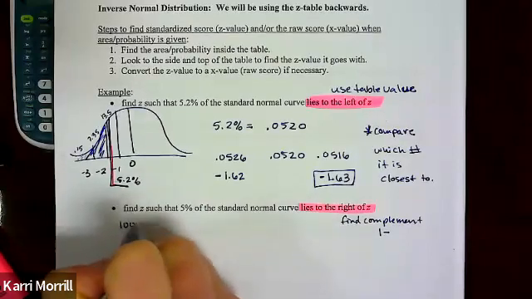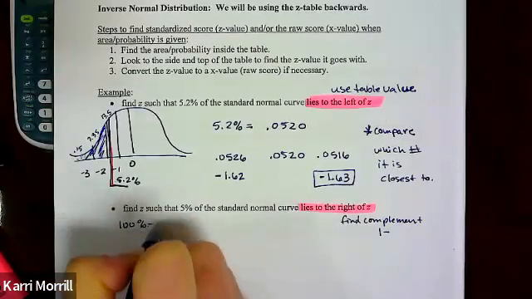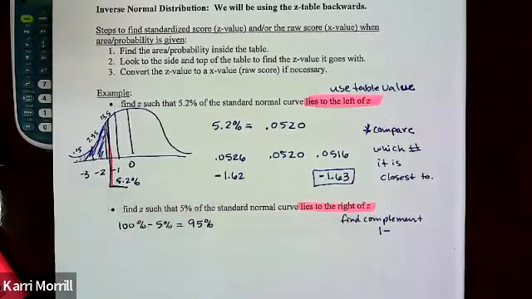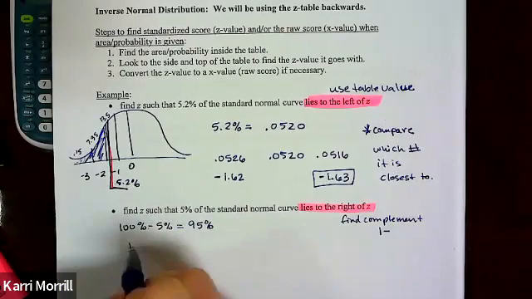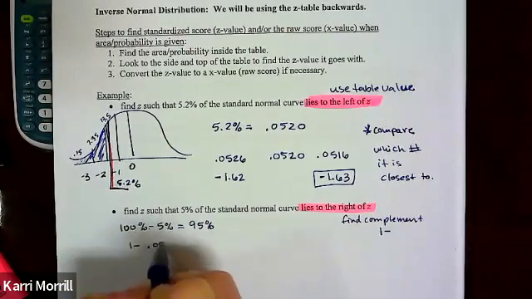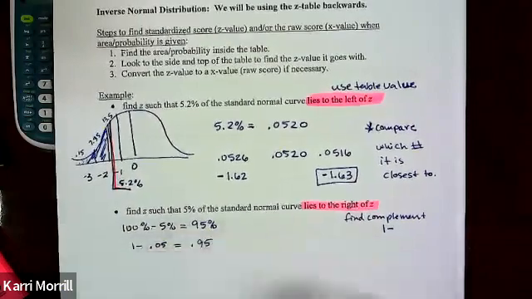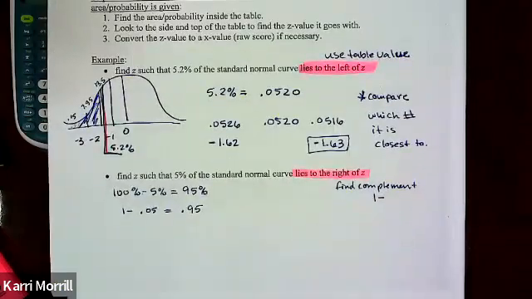That's like saying 100% minus 5%, which really is representing 95%. Or you could have turned it into a decimal. 1 minus 0.05 is 0.95, because this is what we're really working with, the probability, the decimal form.